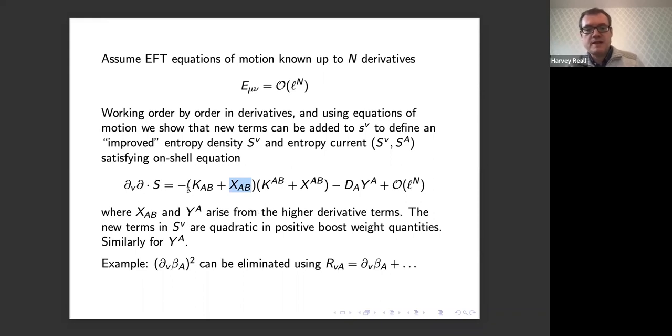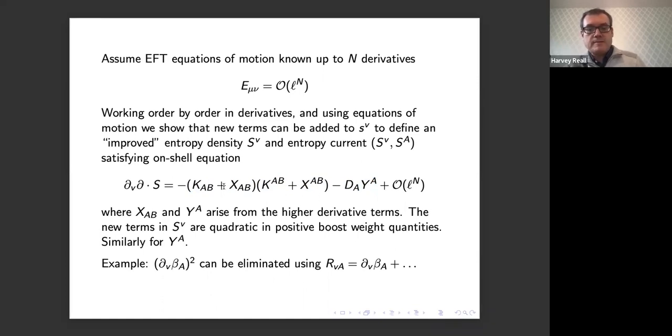So there's some matrix X, which we add to K, and it arises in this nice way. It's a positive definite or negative definite term on the right-hand side. But we also have this other term here, which is a divergence of another quantity Y, again arising from the higher derivative terms.